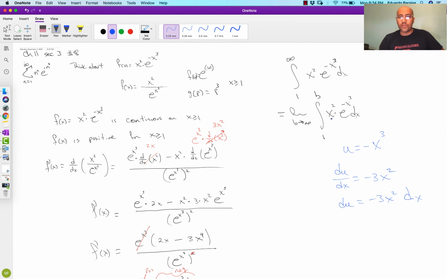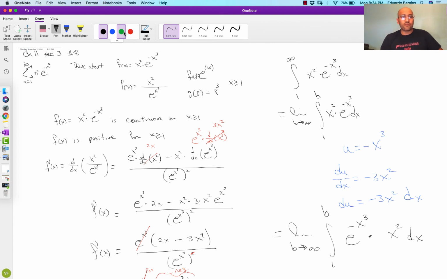And so we're really close, right? We're almost there. So let's repeat that over here. So this is equal to the limit as b goes to infinity of the integral from 1 to b of this thing. We have e to the negative x cubed, and then there's an x squared dx.